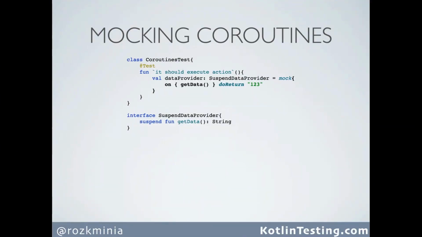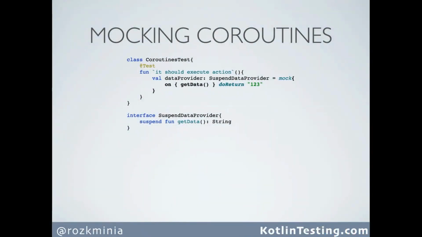When we try to mock a suspend function with Mockito, the test code simply won't compile. We could, of course, try to use generic Mockito mechanisms such as doAnswer, but we could lose the readability of this domain-specific language. And there is another framework we could use.